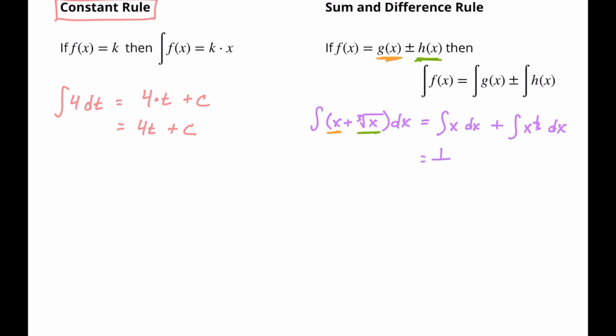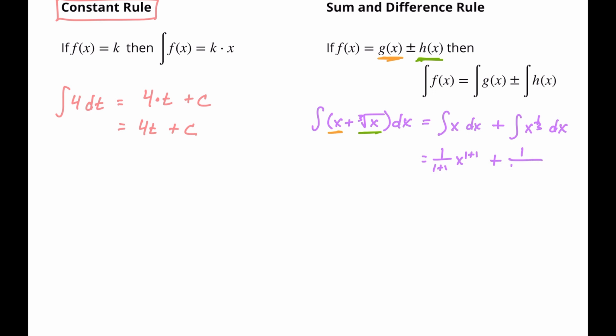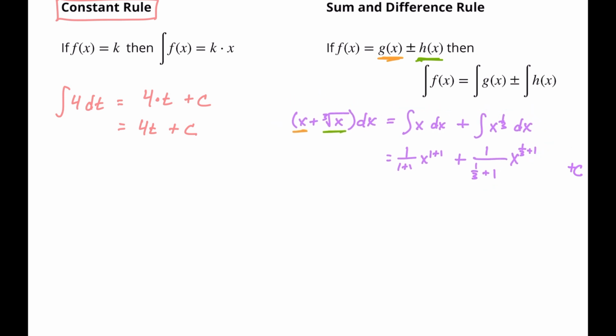So that's going to be 1 over 1 plus 1, x to the 1 plus 1, plus 1 over 1/3 plus 1, x to the 1/3 plus 1. And then we're going to put a big plus c on the end here. And let's give ourselves a little space here so we're not so squished with our plus c.